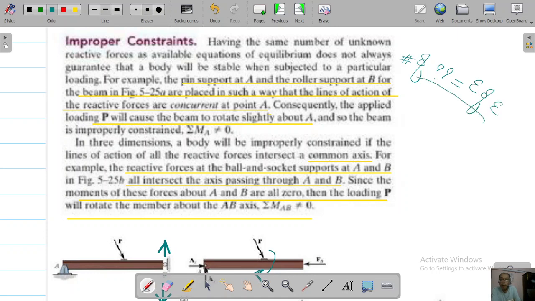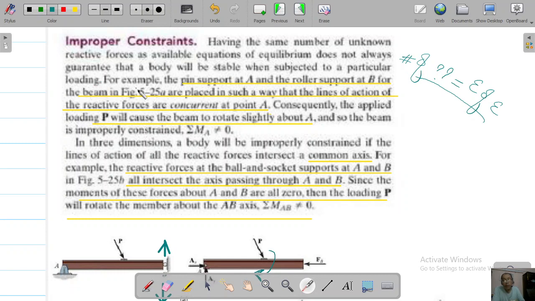The same number of reactive forces as available equations of equilibrium does not always guarantee that the body will be stable when subjected to a particular loading.